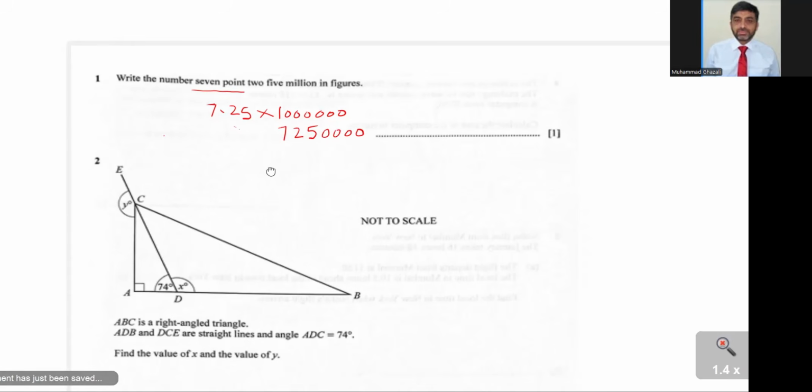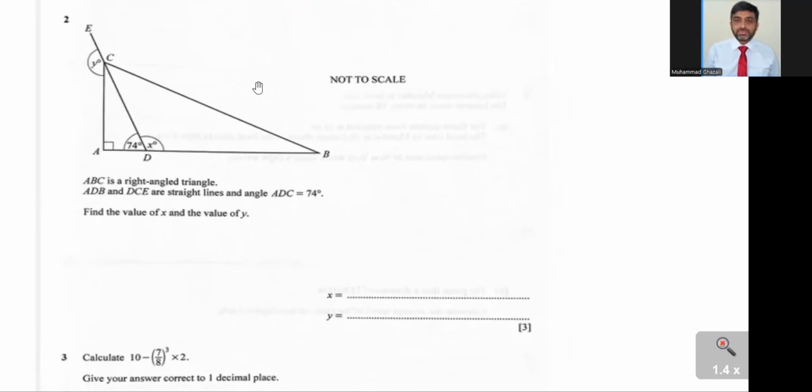Next question, question number 2. ABC is a right angle triangle. ADB and DCE are straight lines. Find the value of x and y. Look here, this is the angle x. We have to calculate this angle. This angle x lies on this straight line ADB. And on this straight line, here are two angles, 74 and x.